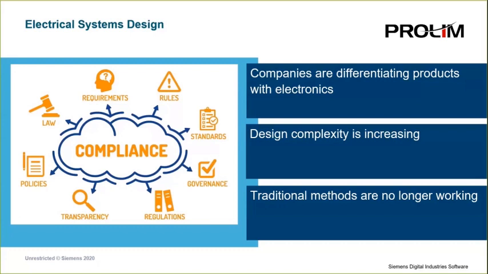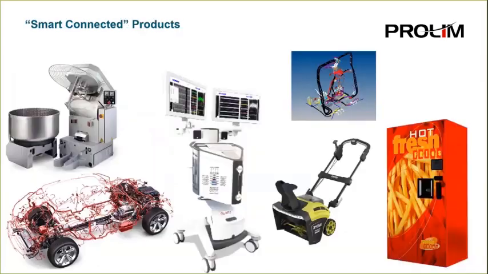So they really have a challenge with that. So I wanted to start with this because what does this boil down to? The idea here is that the traditional methods, they're just not working for them anymore. So we need new processes, new methods, and new software to help us with these design complexities.